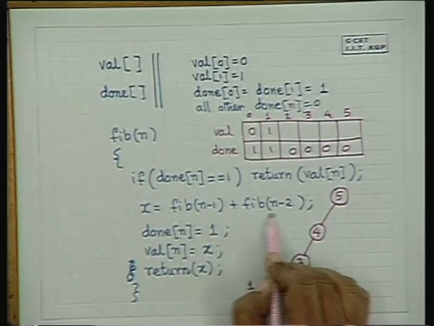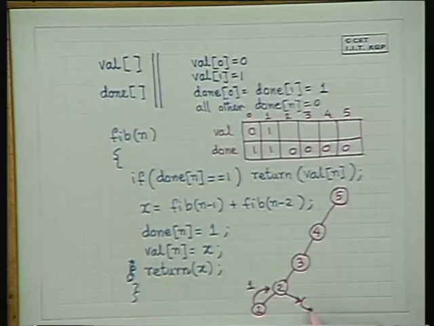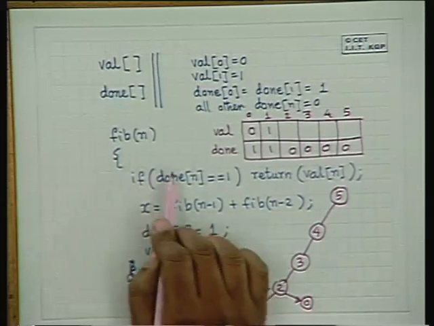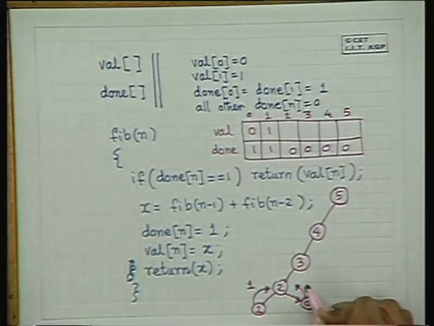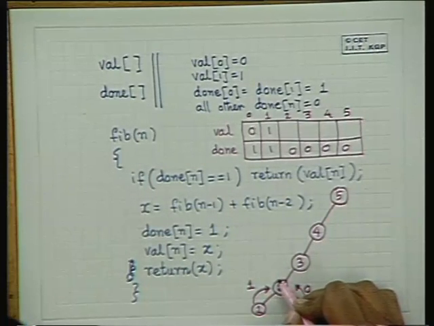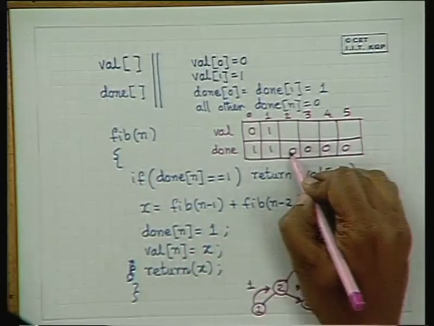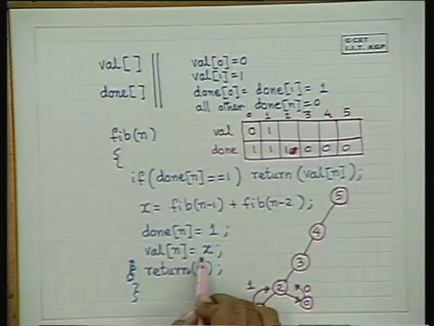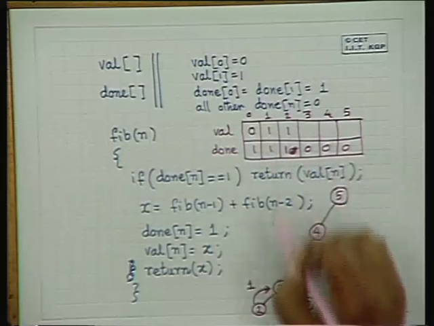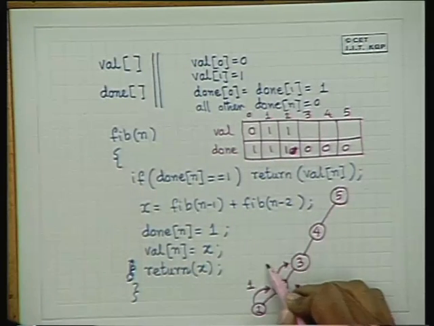Then 2 will call this part 0. When it comes into 0, again done is 1, so it will return 0. So now done 2 will be made 1 and val 2 will become 1 and it will return 1.